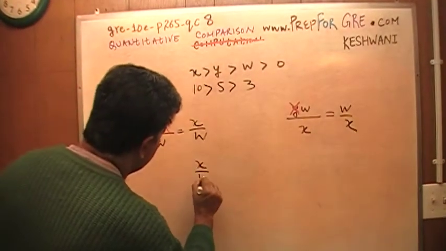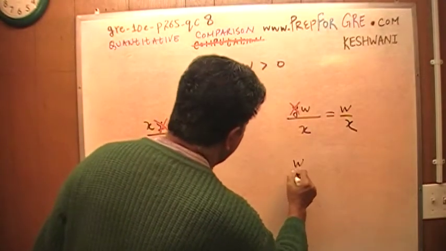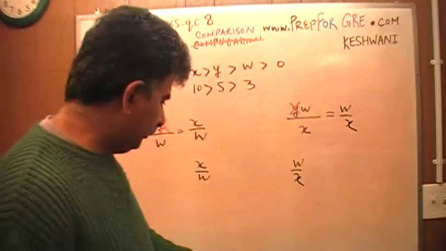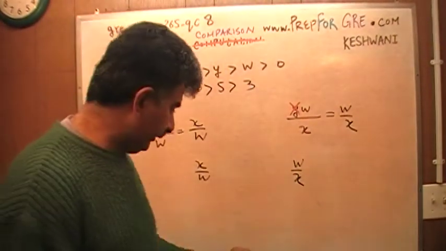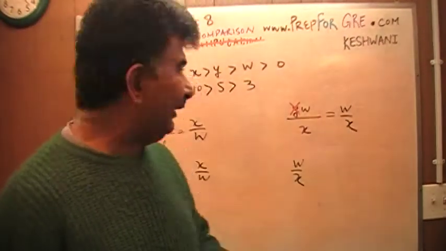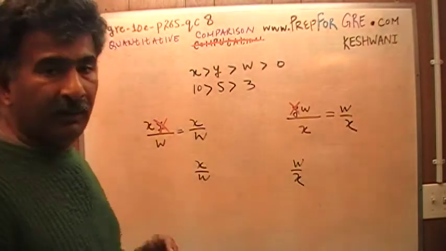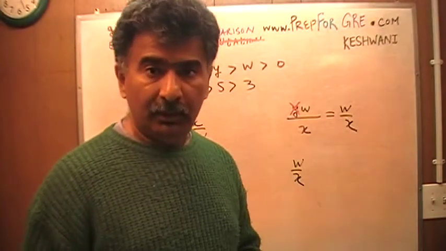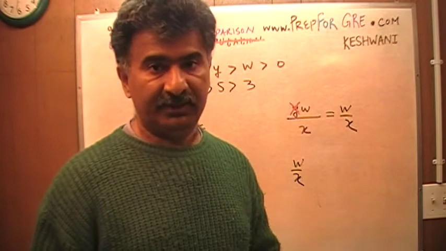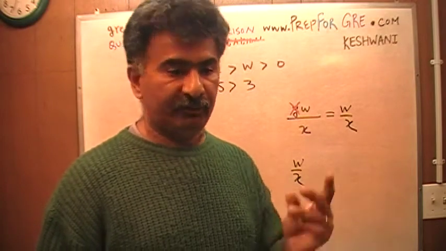But if you want to go one step further, here is the next step. X over w versus w over x. And again, what I'm about to do, if you do not know what I'm doing, go back and watch the clips on question number 1, same page, 265. Go back and watch question number 1 and question number 3, and you might learn something there as to how to compare the fractions quickly.